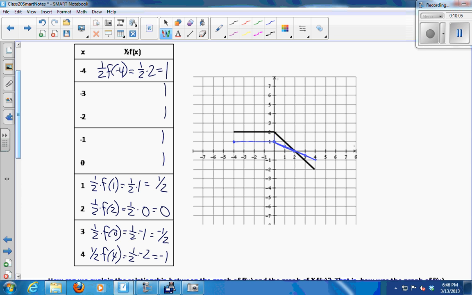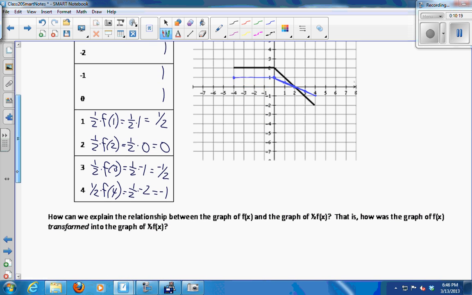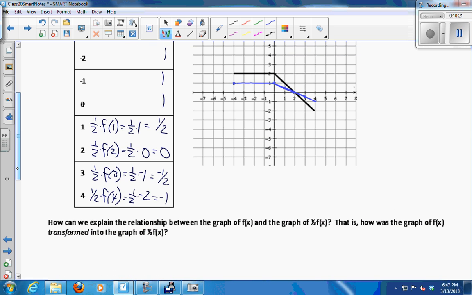So this time, multiplying by something on the outside, it still caused a vertical change, but it caused a vertical compression or a vertical shrink. Okay, so if you multiply on the outside by a fraction, you end up shrinking your graph vertically.